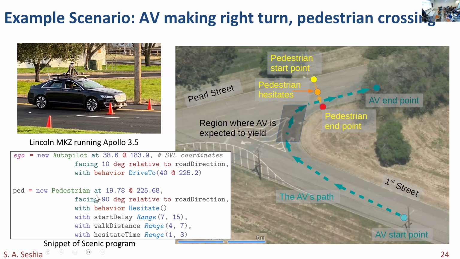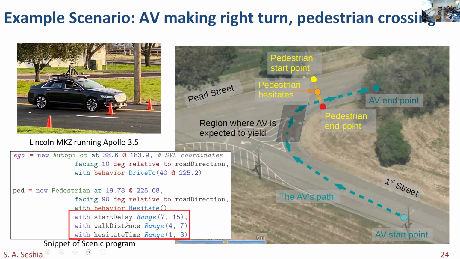And so here's the snippet of the Scenic code where the Ego vehicle has, in this case, a predeterministic behavior. It just has to drive to a particular latitude, longitude location. And then the pedestrian is also just going to cross, but it has this behavior hesitate, which has three parameters, which have random values.